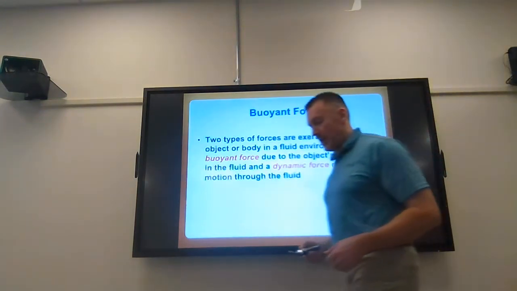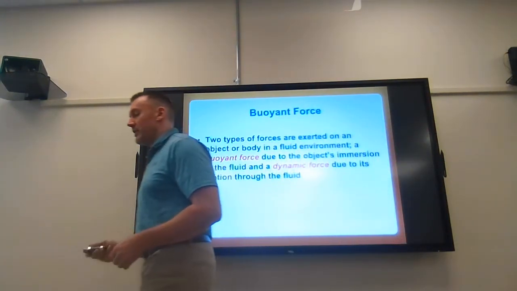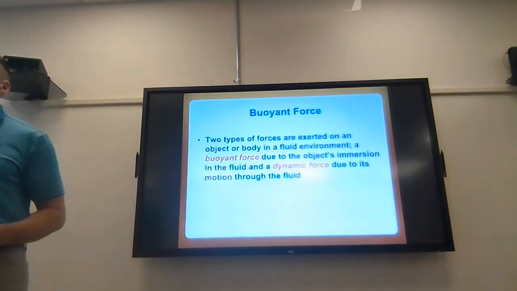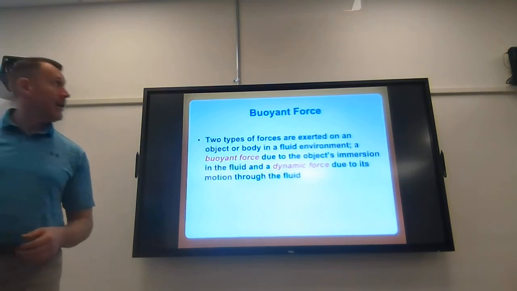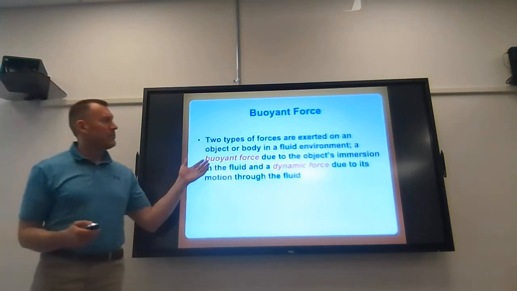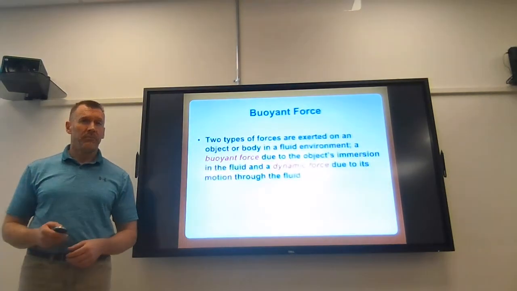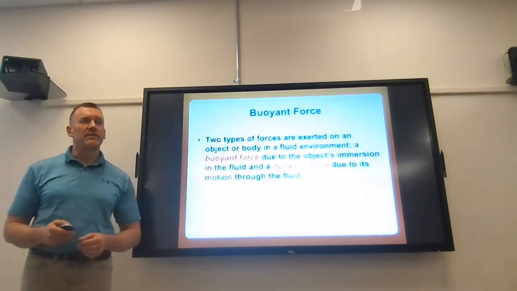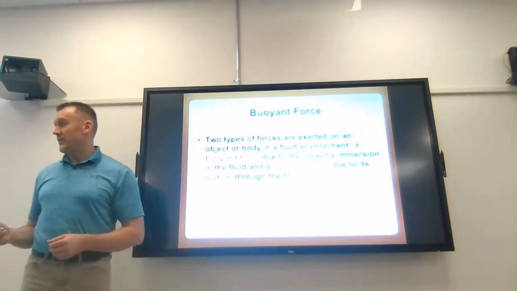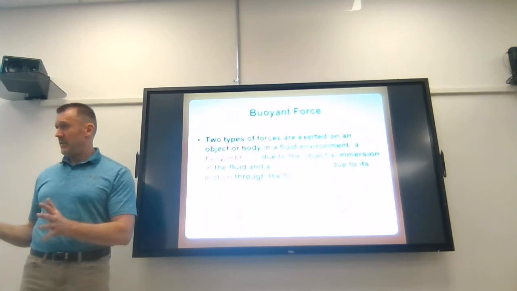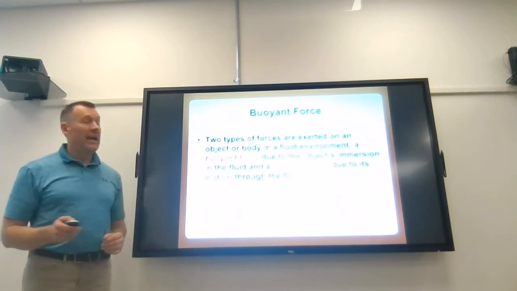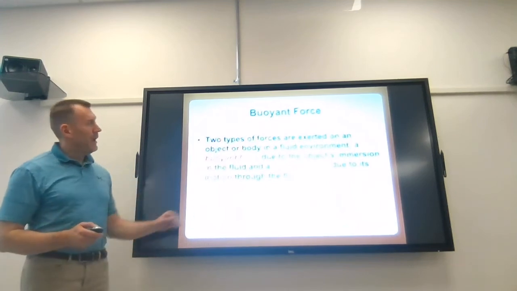So there are two different types of forces that are exerted on the body flowing through air or water. The first one is a buoyant force. That's due to the object's immersion in the fluid. Buoyant force is oftentimes applied more to things in water than air, but we'll get to that.